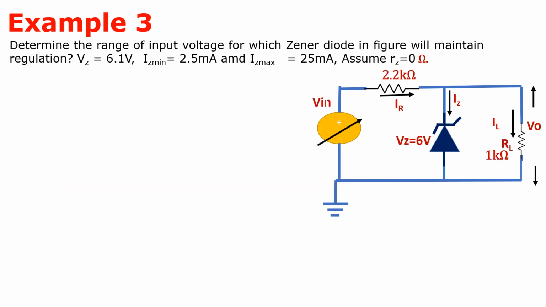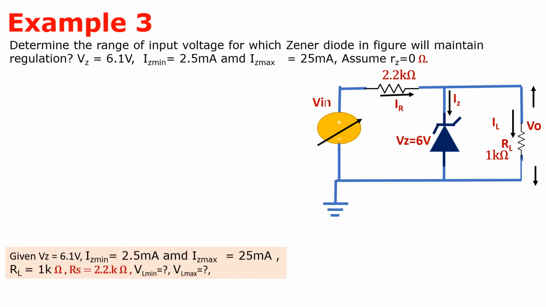Now consider a third example, which is a problem related to regulation with varying input. In this case the input is varying and we need to find out the input voltage range.